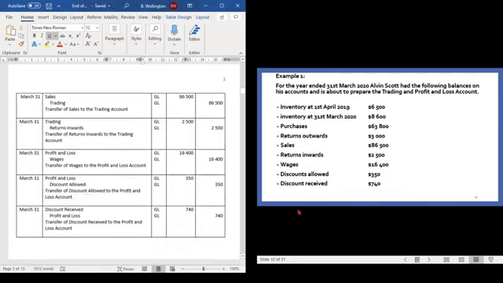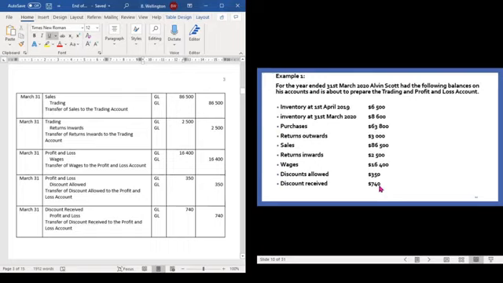Now, finally, the discount received. This is a revenue. This is going to cause your income to increase. This is going to cause your profit to increase. So this time you're going to credit the profit and loss account. The discount received would have had a credit balance on it.